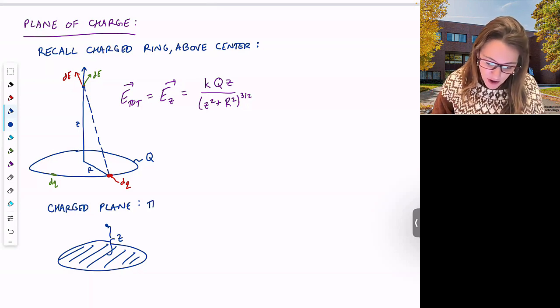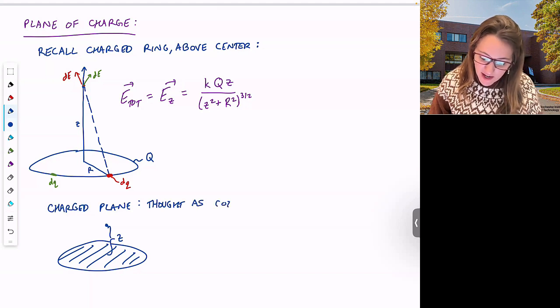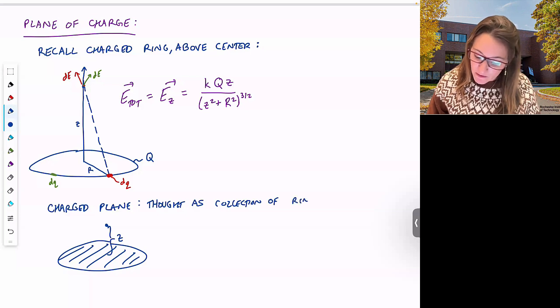So it can be thought of as an infinite collection of rings, right?